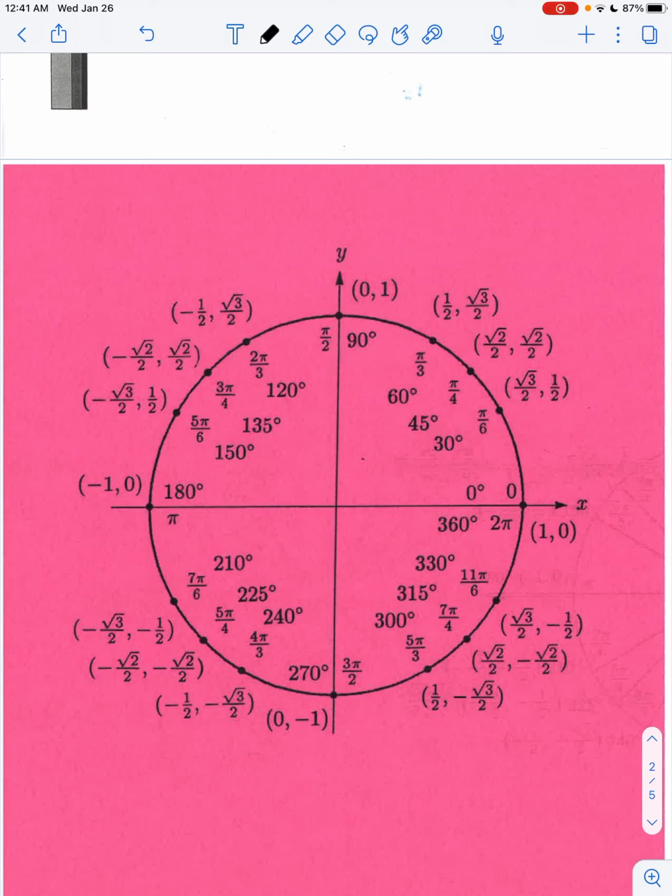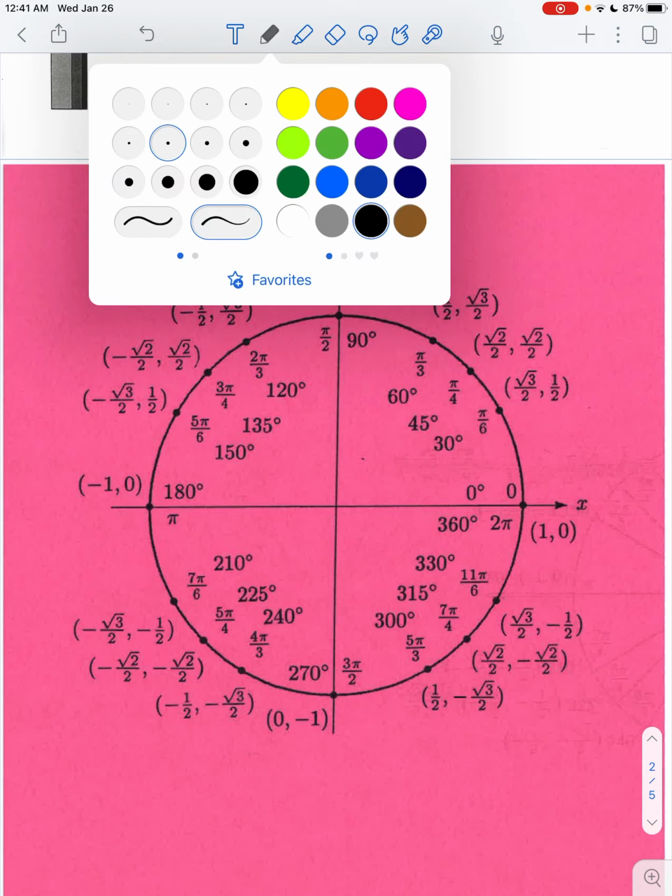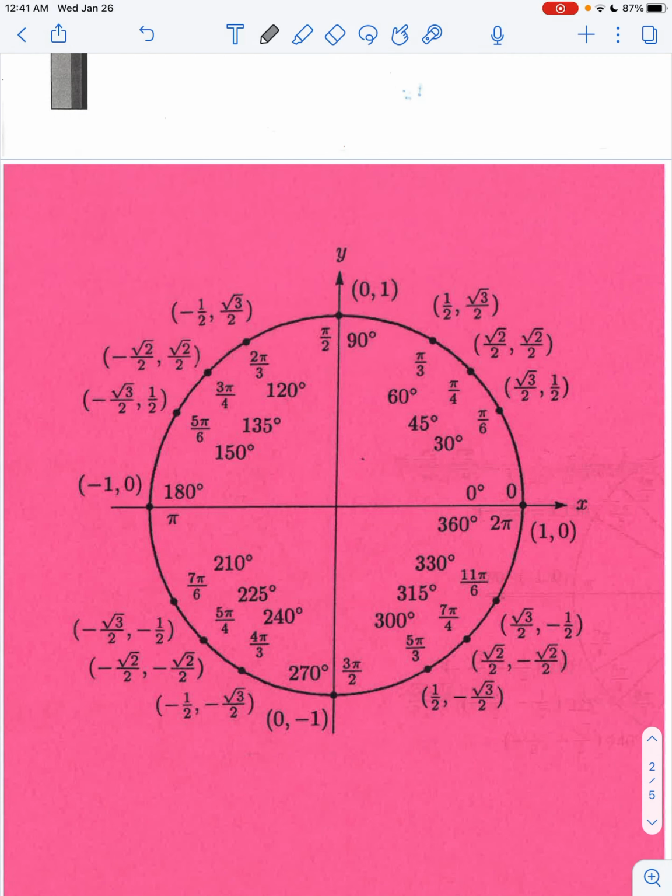I think I'm going to pick pi over 4. Let me change this color. I think it'll show up if I do gray.